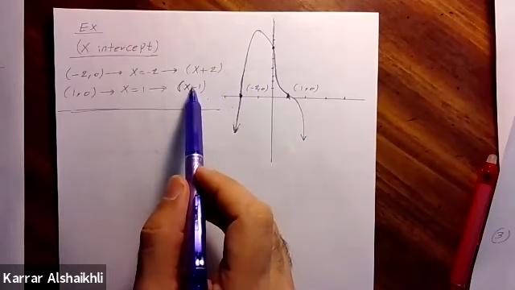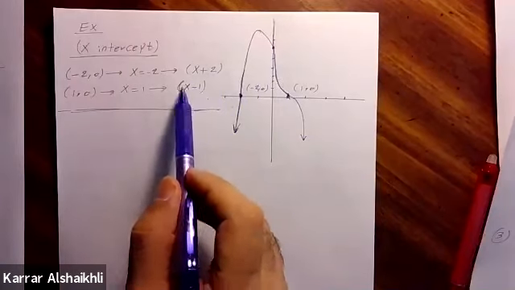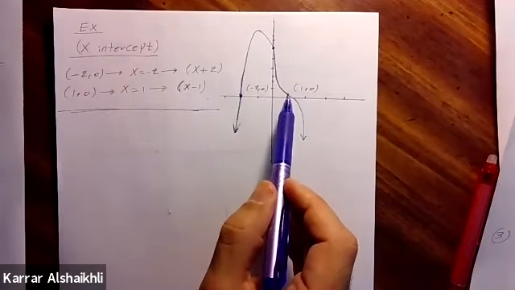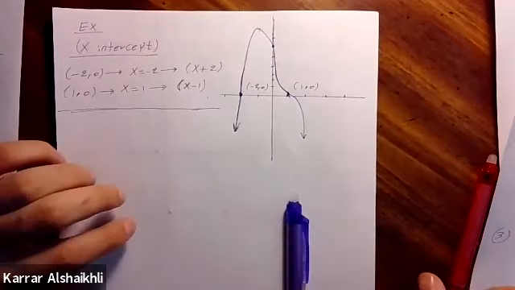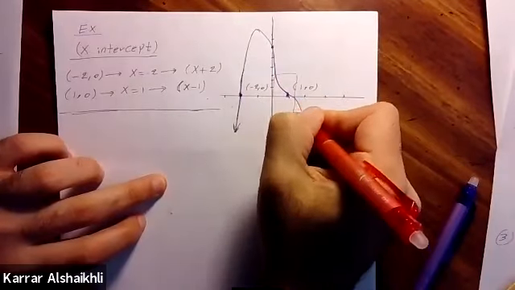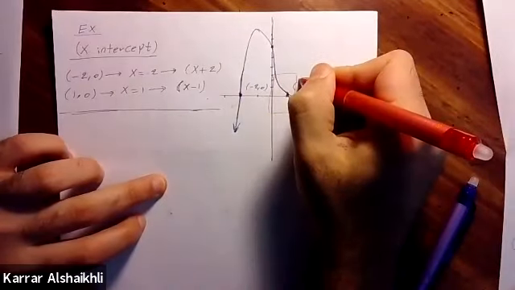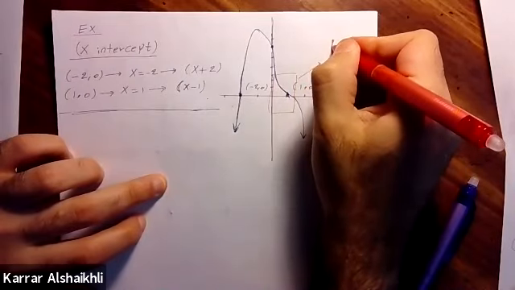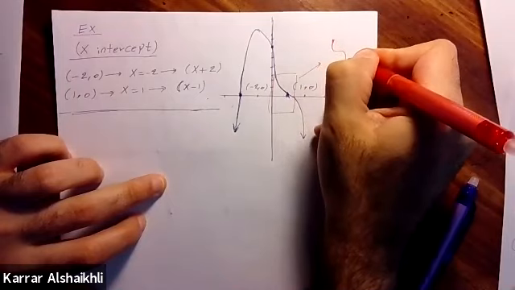Let's check the other point, this one, which is 1, 0. The graph at this point is similar to this one, this side is up and goes like this.